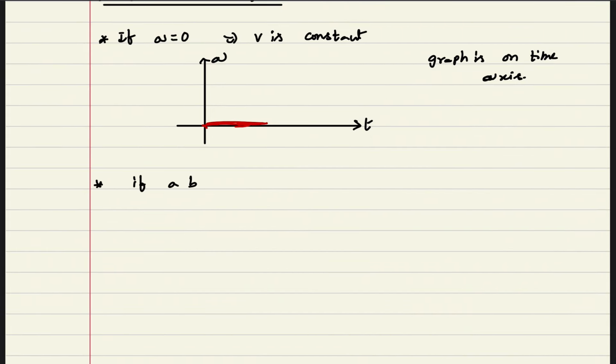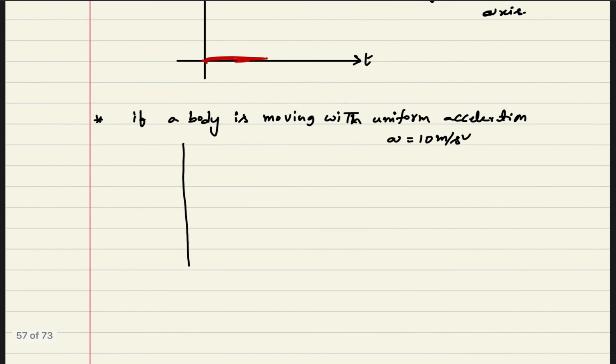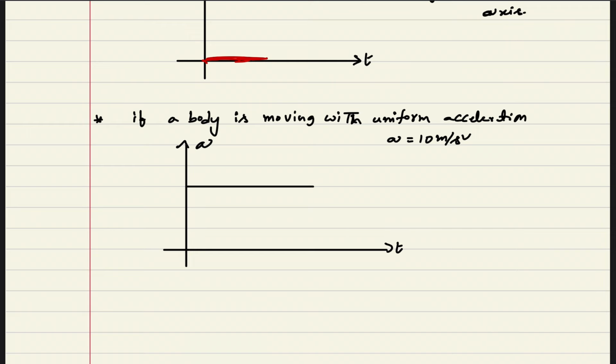Next, if a body is moving with uniform acceleration, you get A is constant. Let us consider 10 meter per second square. If you want to draw the graph between acceleration and time, A and T, you will get a graph parallel to the time axis.